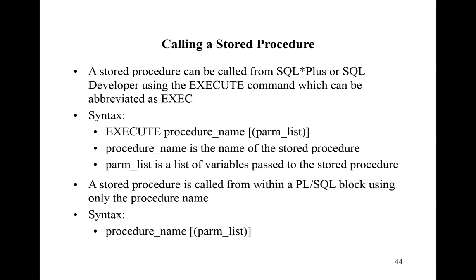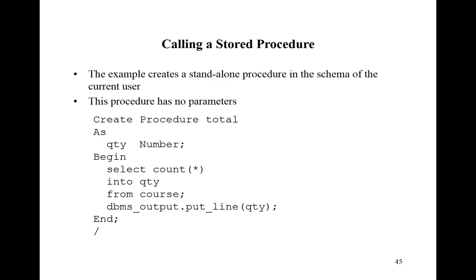The syntax here would simply be the procedure name followed by the list of parameters within parentheses, assuming that the procedure had formal parameters. Here is our first example of a simple standalone procedure. And this is being specified in the schema of the current user. We're not sharing it with other users. So the procedure has no parameters. We say create procedure, we assign the name total, and then we immediately go to the word as to introduce local identifiers.